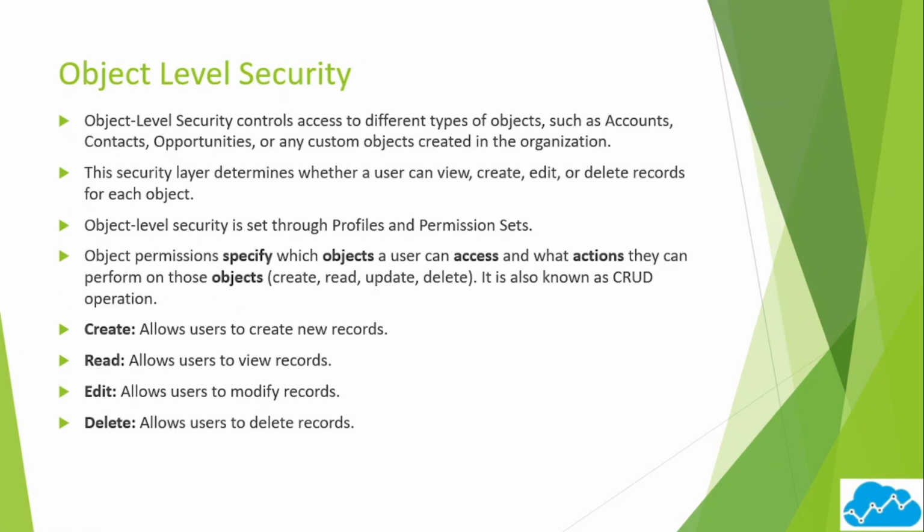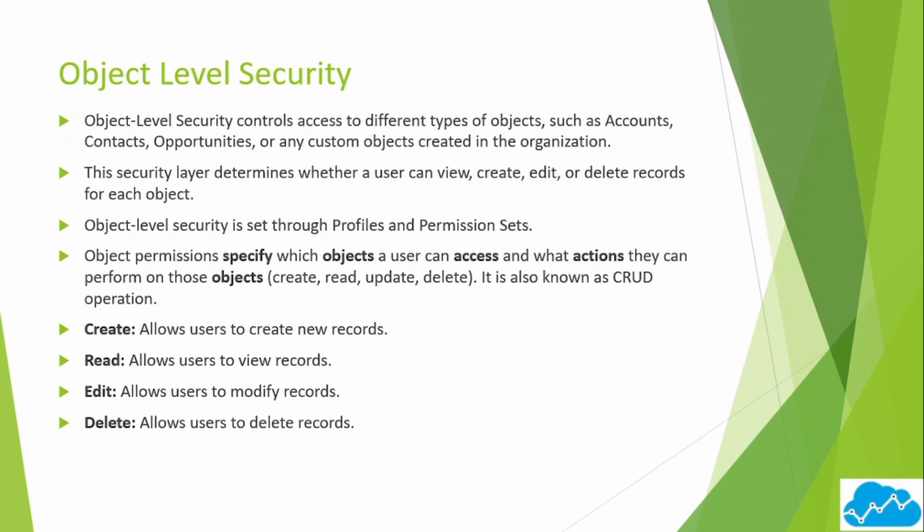So what is object level security? Object level security controls access to different types of objects like account, contact and opportunities. These are standard objects. It also covers custom objects that are created in the organization.